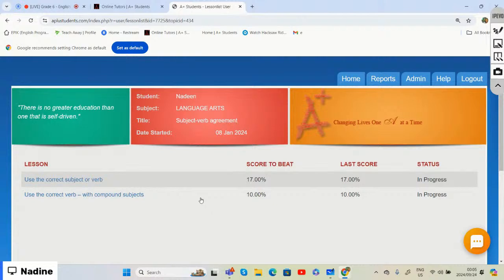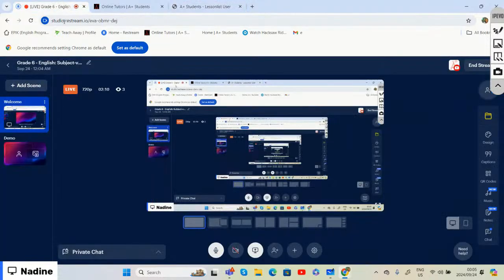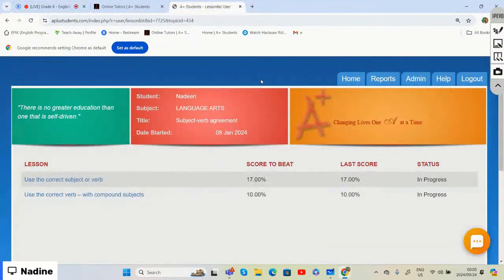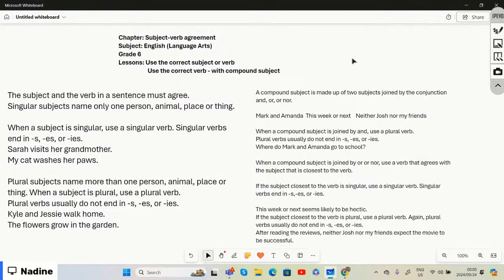So, subject verb agreement. Our chapter is subject verb agreement.